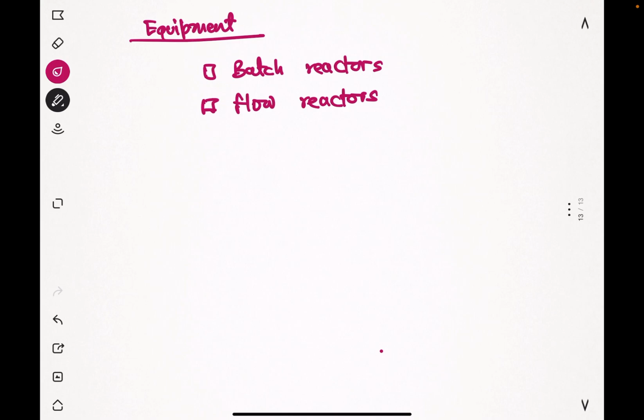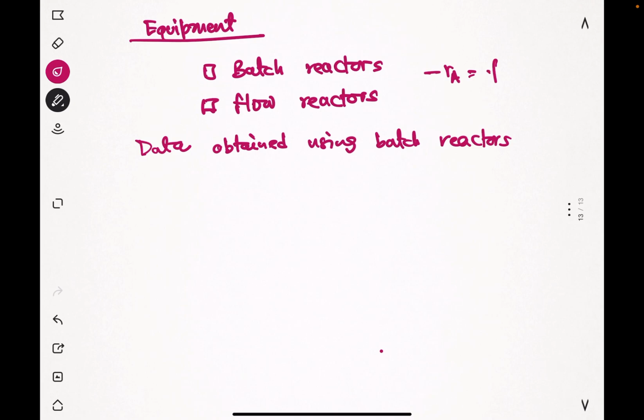Since we talked about the equipment, now we also need to know what kind of data we are looking at. If we remember the rate expressions, something like this. So the rate expression, and we are talking about the concentration dependent part only, usually depends on the concentrations of the reacting species.